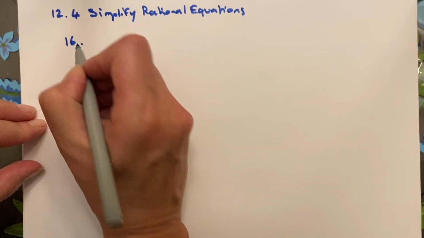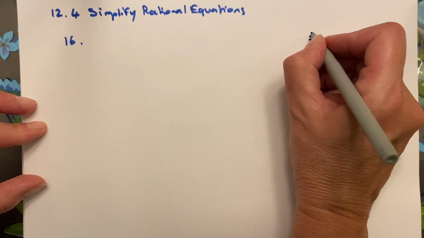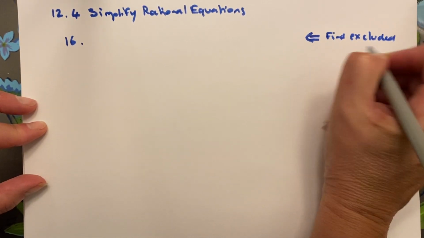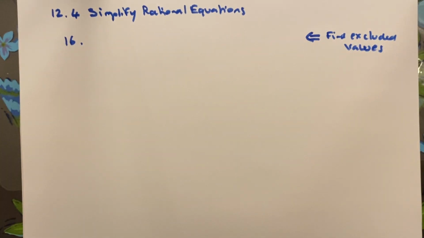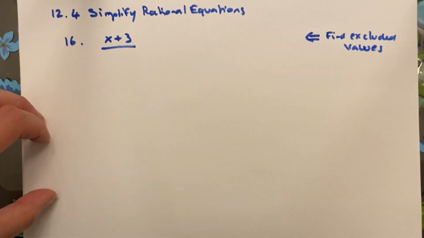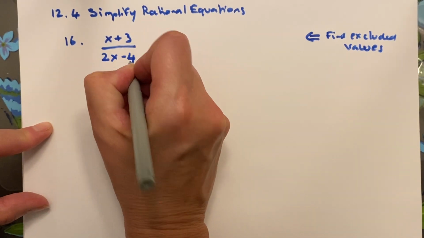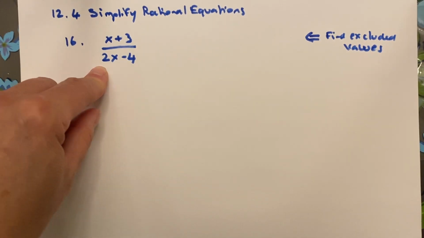Let's look at 16. The instructions right here are just finding the excluded values. So all we need to do is find excluded values. Nothing else yet. So if I have x plus 3 over 2x minus 4, if you remember, the excluded value is the value that makes the denominator 0.